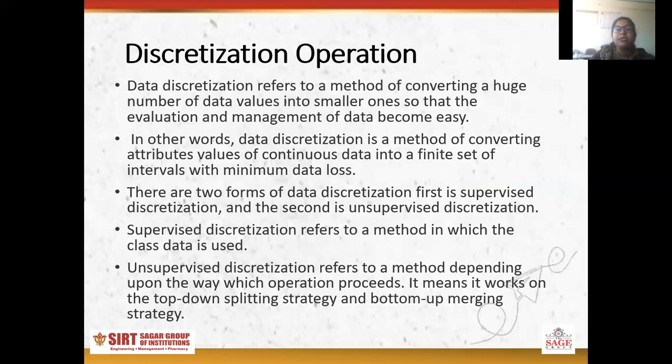data discretization refers to a method of converting a huge number of data values into smaller ones so that the evaluation and management of data becomes easy.